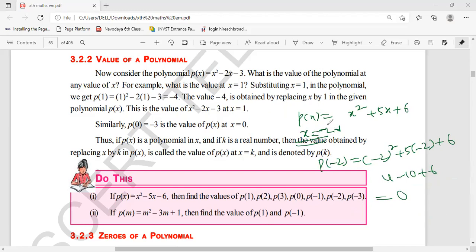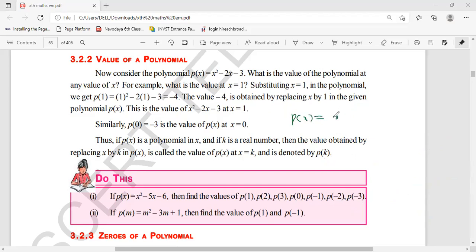What is the difference here? P of x is equal to x square plus 5x plus 6. If you take x is equal to minus 2, you are getting the answer 0. And if you take x is equal to 1 in this same polynomial, how much do you get? 1 plus 5 plus 6, that means you are getting 12.